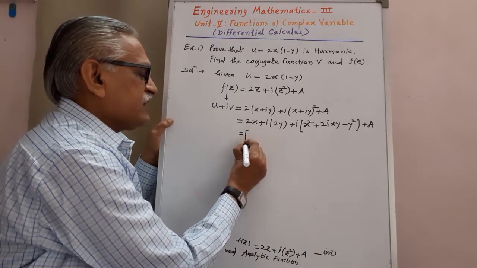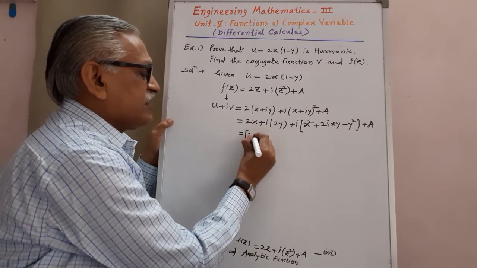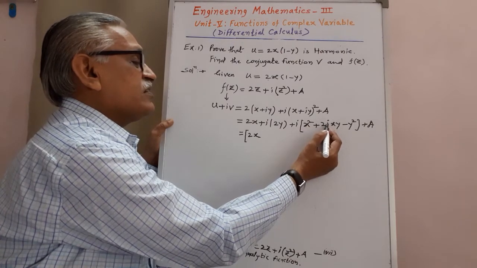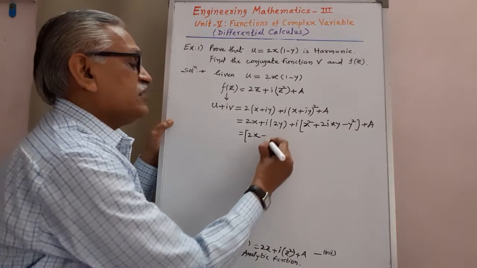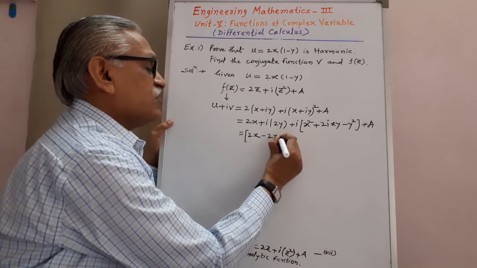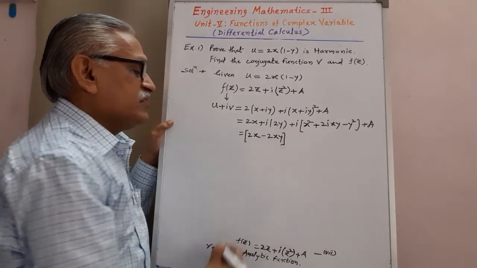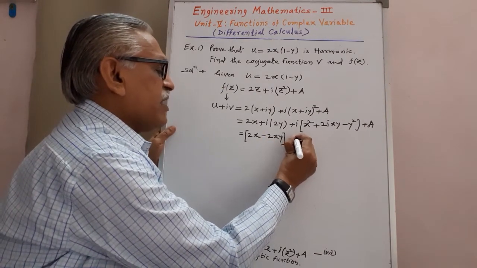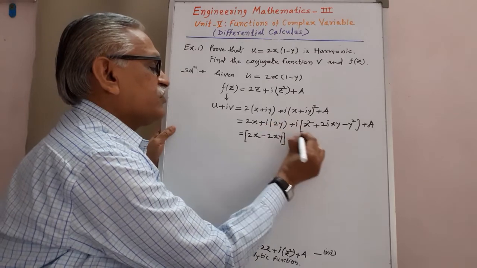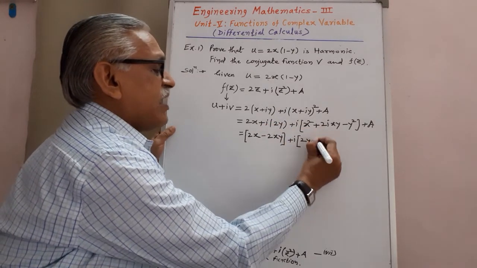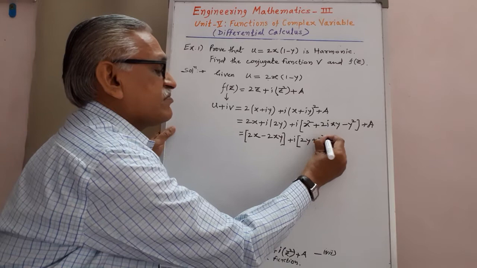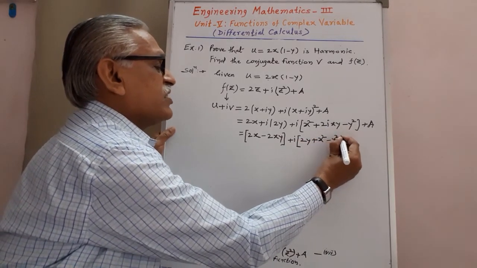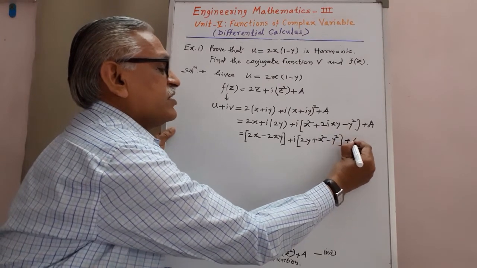In the first bracket I will take the real terms: 2x is a real term. I into i gives i squared, therefore it is with a minus sign, minus 2xy is a real term. Then i times the imaginary terms: the first one is 2y, i into x squared minus y squared, plus that constant A.